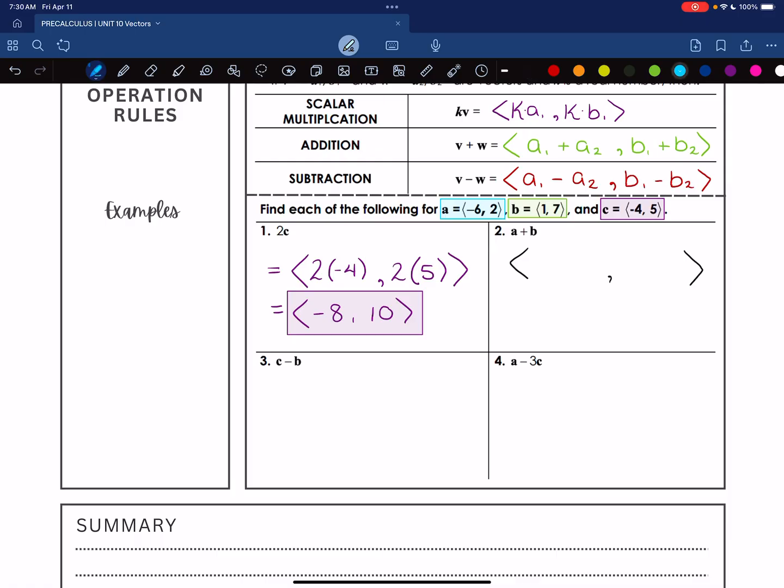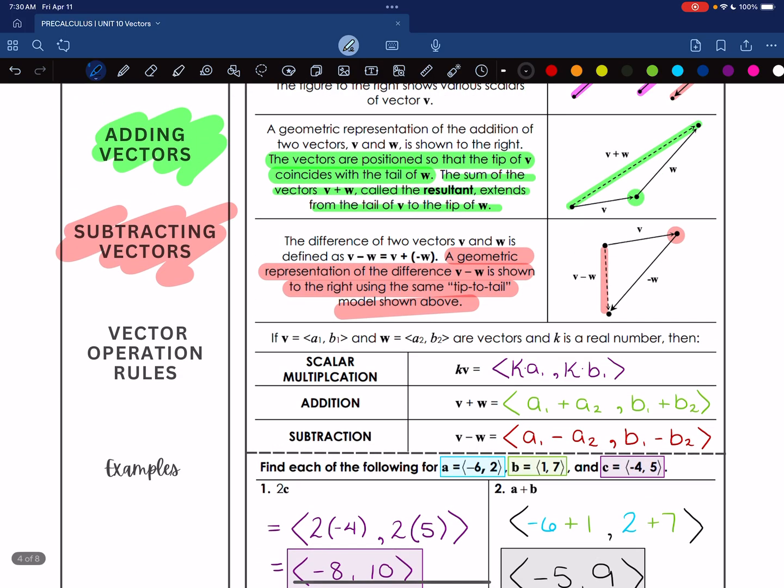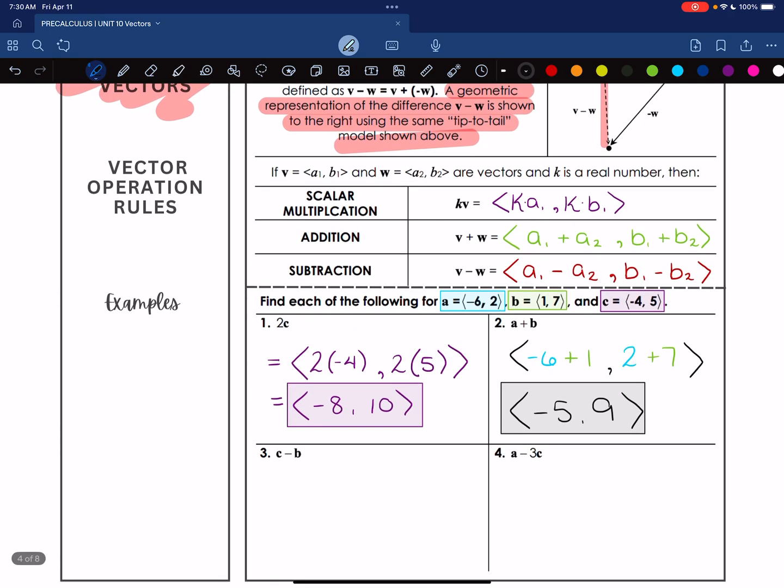So that would be to add your -6 and add to that the 1. And then also the y values. So that's the 2 and add to that the 7. So what is the result? We're going to have -5 and 9. That is our new vector, the resultant vector. That would be the vector that would connect the tips to tail. That third side that would look like the side that would complete a triangle.